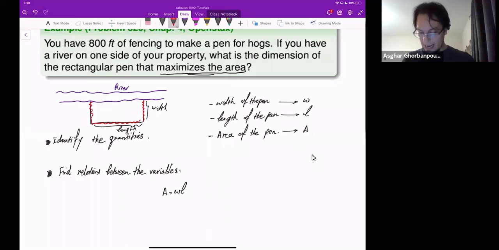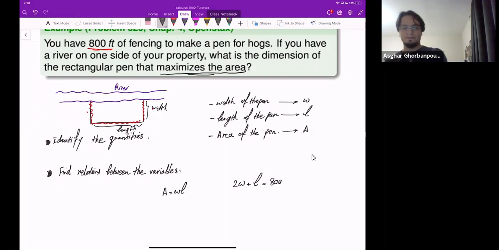And we know that those three sides should add up to 800 feet. So what we know is that there are two widths here. So 2W plus one length must be equal to 800 feet.